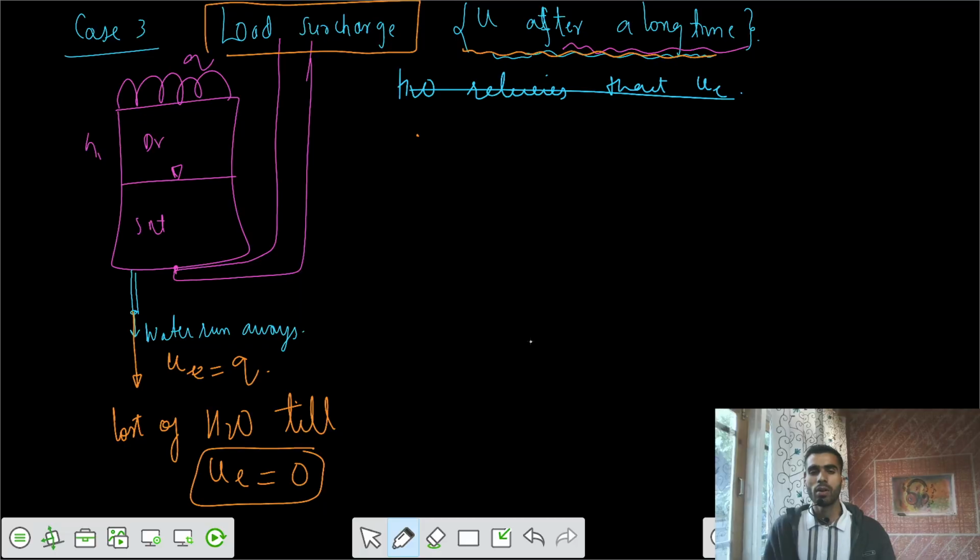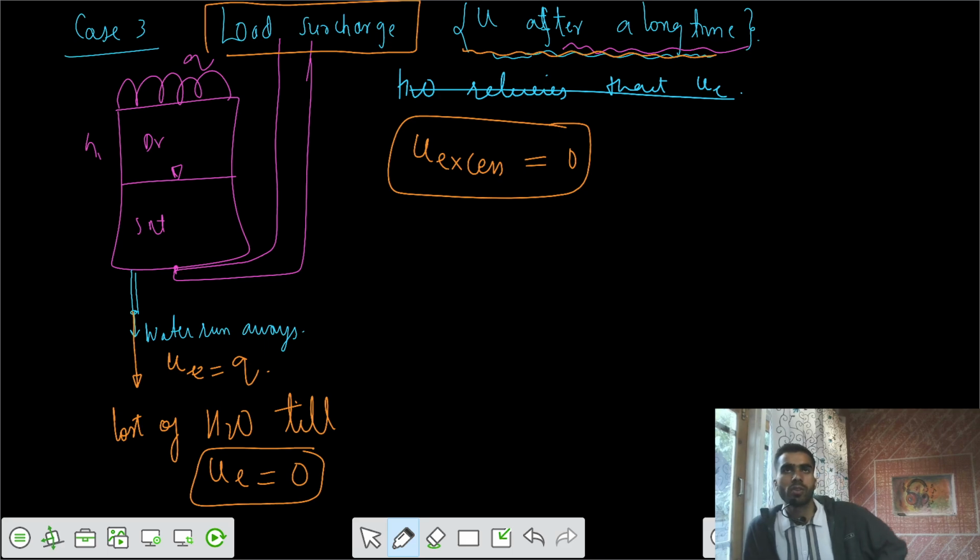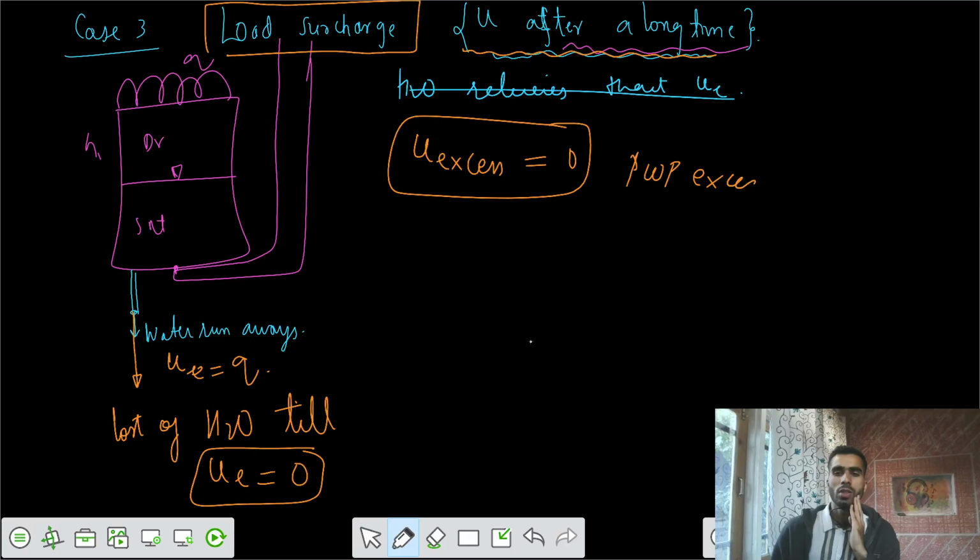For that condition, I want the excess pore water pressure to be 0, because by losing water, it would relieve that excess stress. If the stress in the pore water is lost, that means the excess pore water pressure has been lost.